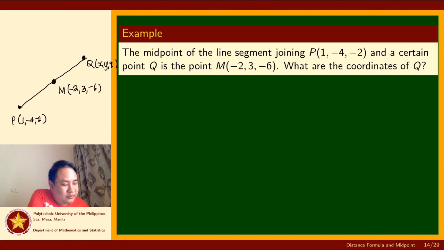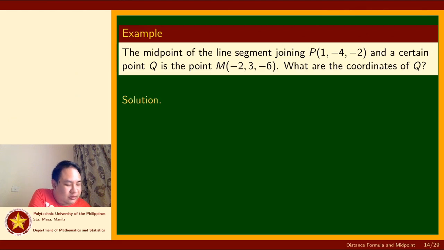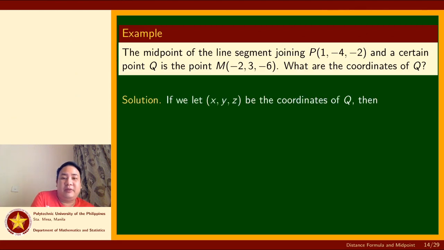In order to find the coordinates x, y, and z, we shall use the midpoint formula. If we let x, y, z be the coordinates of Q, then we know that the x-coordinate negative 2 of M is the average of the x-coordinates of P and Q. Therefore, 1 plus x divided by 2 must be negative 2.